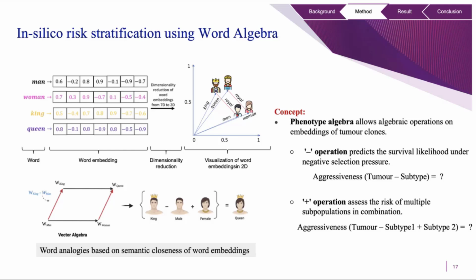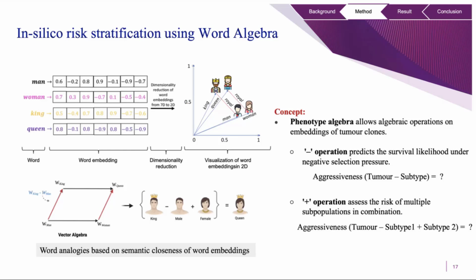So for example, if I want to calculate the embedding of queen, it would be very close to subtracting male from the embedding of king and adding a female context to it. So we use this idea to design our phenotype algebra model, which does these addition and subtraction operations.